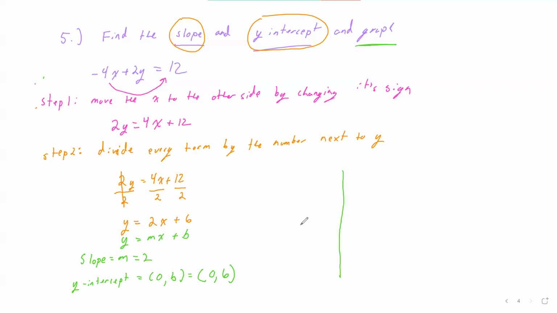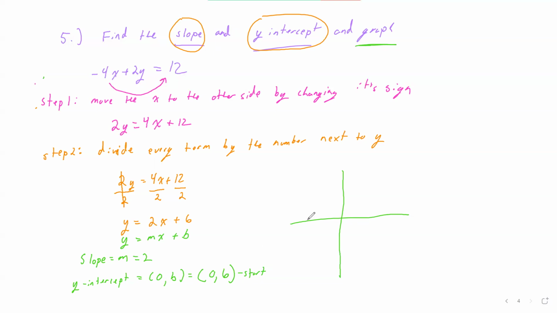So to graph it, I start with the y-intercept. So I start here. So how do I get to 0, comma 6? Perfect.